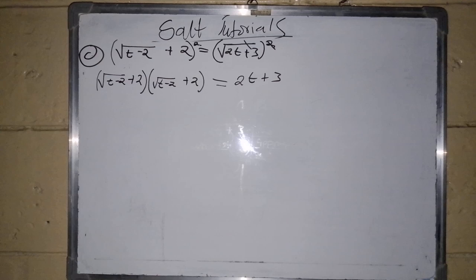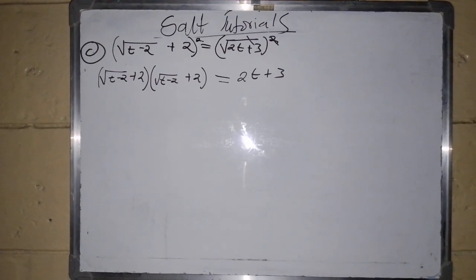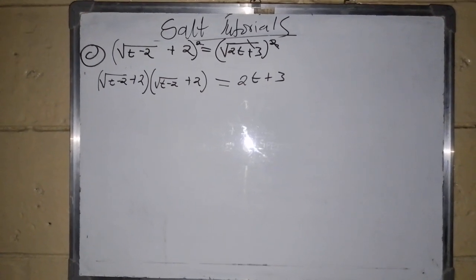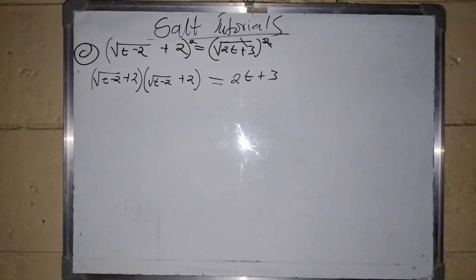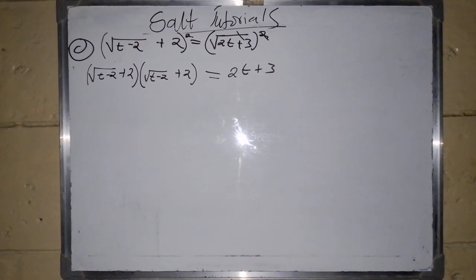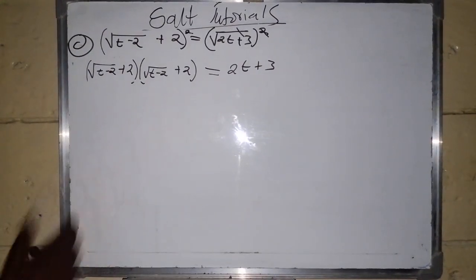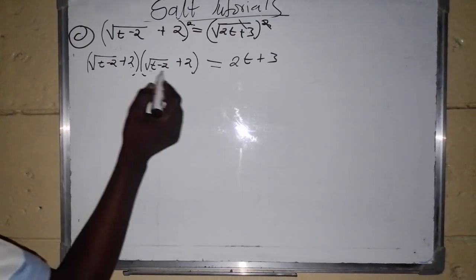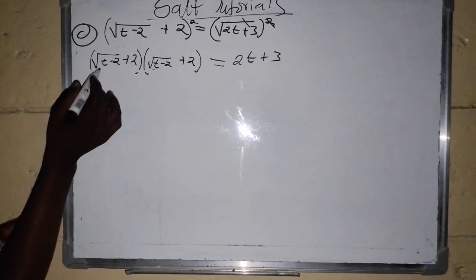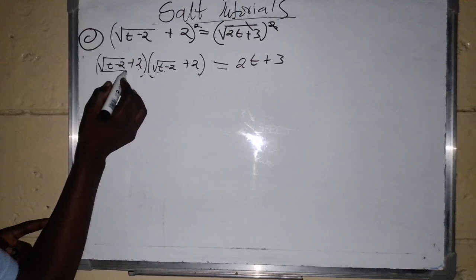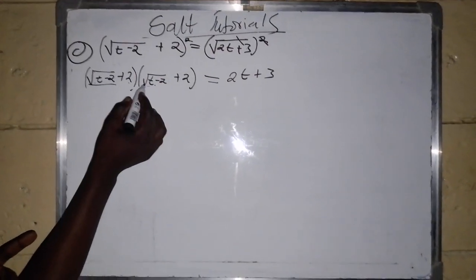Now make sure when simplifying this, you're very much careful and be able to observe the properties of surds and radicals there, where you have to know how to multiply surds and or maybe radicals in this case. So breaking this bracket is just as good as this multiplying throughout and these two multiplying throughout. So here we have root of t minus 2 multiplied by root of t minus 2.